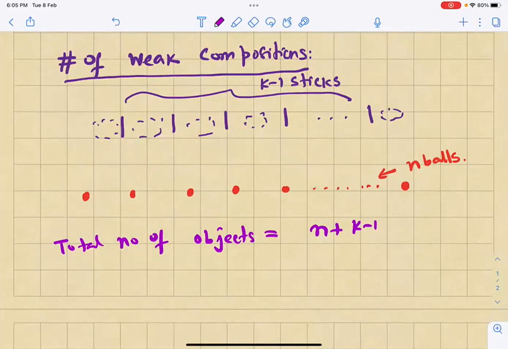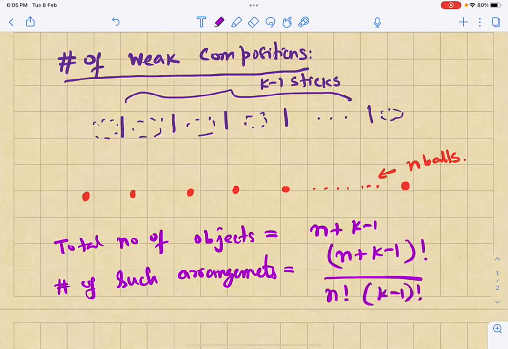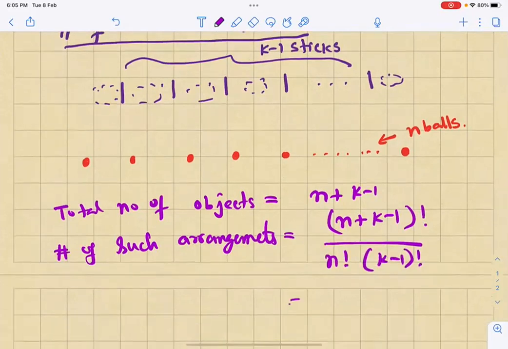How to place them? That's the question, right? Now from our 10+2, we know that the number of such arrangements is (n plus k minus 1) factorial by n factorial times (k minus 1) factorial, which is the same as n plus k minus 1 choose k minus 1. Right?